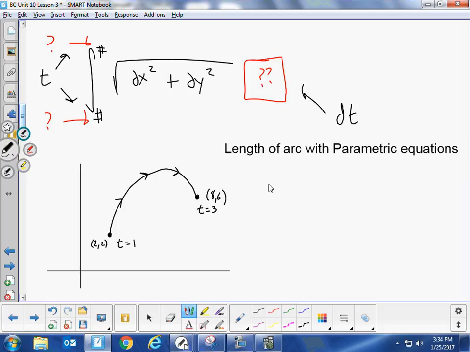I can't just take this and multiply by dt. That would be changing what I have. But what can you multiply something by to not change it? What number? 1. So I can't multiply that by dt, but I can multiply it by something that has a dt in it.